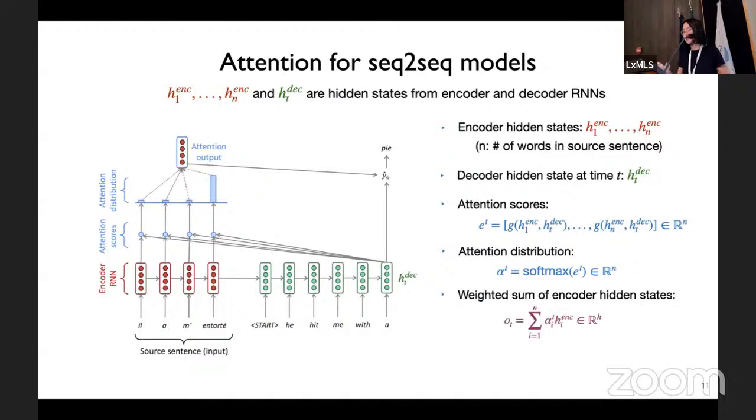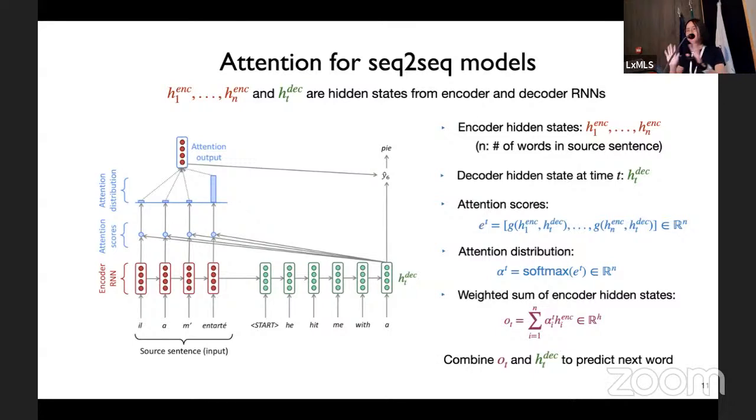And then finally, you calculate the weighted sum of the encoder hidden states. So it's summing up alpha i multiplied by the hidden state encoder i. And finally, you just need to combine this output vector and also the current hidden decoder state of the current time step to help predict the next word.